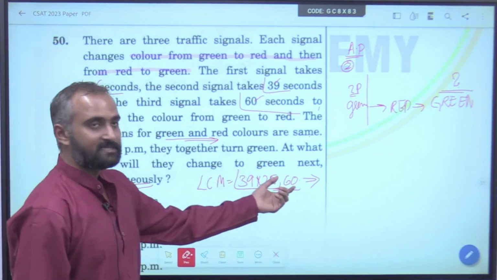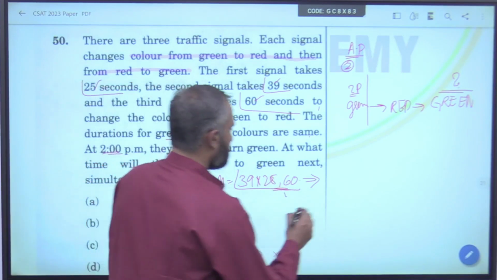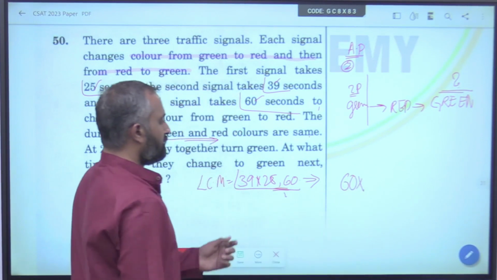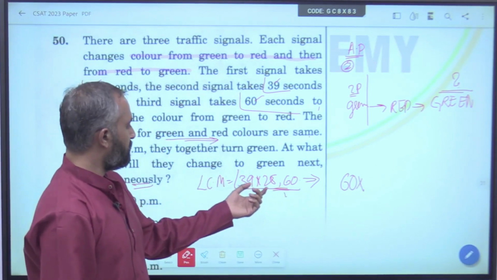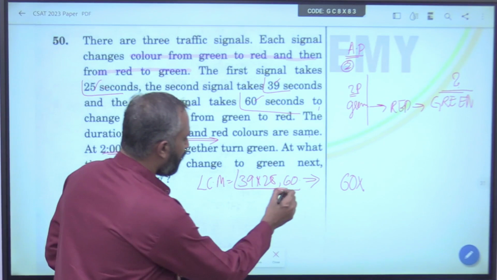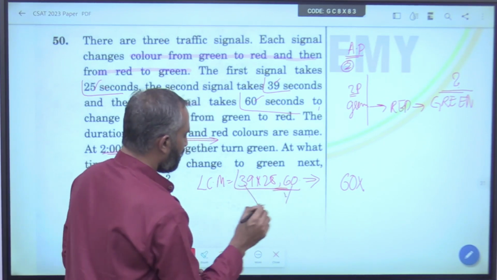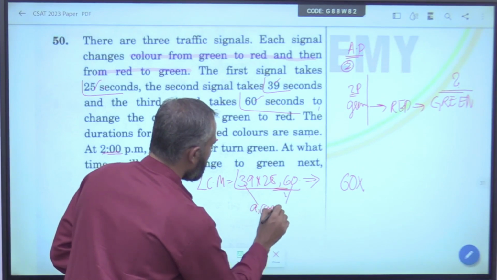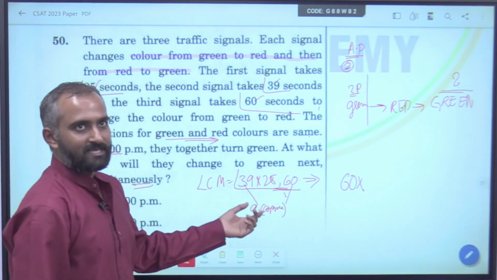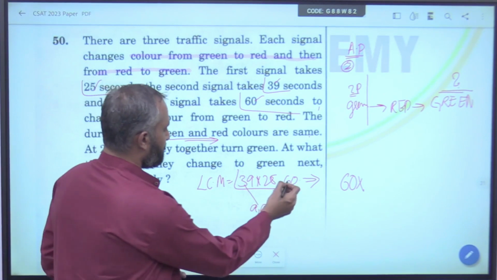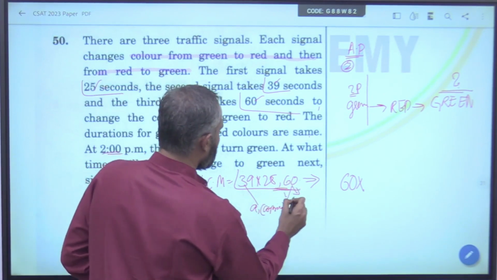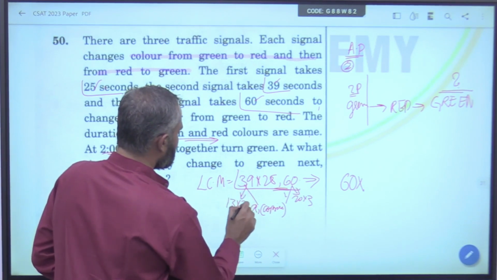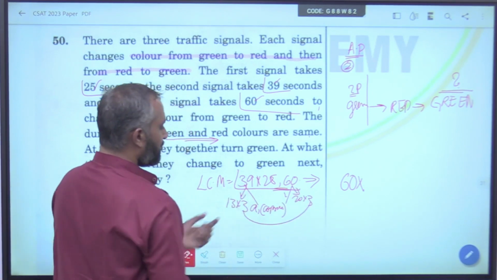Always consider the biggest number as LCM, 60, and look out for a pair of a common number and a coprime. As we have discussed many times in class, here it is 20 into 3, here it is 13 into 3. 3 is common and 20 and 13 are a coprime pair.